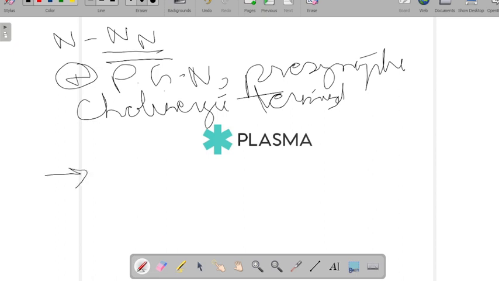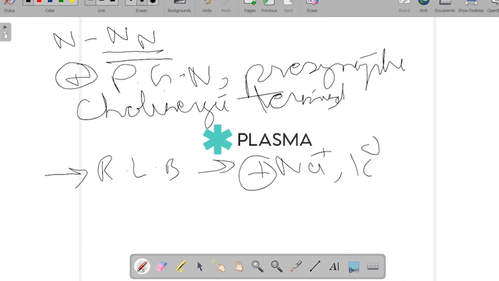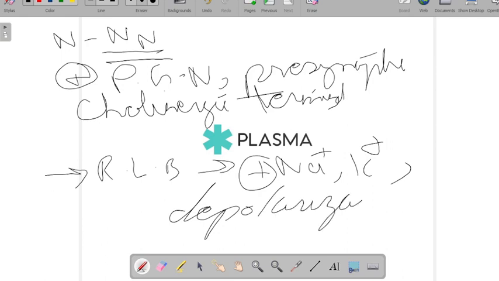The result of ligand binding is opening of sodium and potassium channels and depolarization. Right?